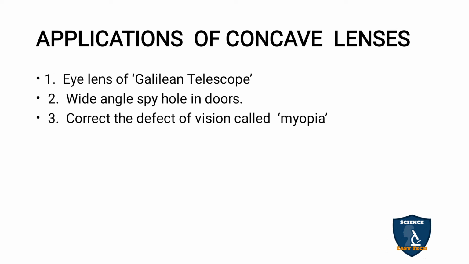So that is called the wide angle spy hole. In doors, you are able to view the outside by keeping a small lens. That lens is a concave lens, used in doors as a wide angle spy hole. And a person may have short sightedness, otherwise known as myopia.